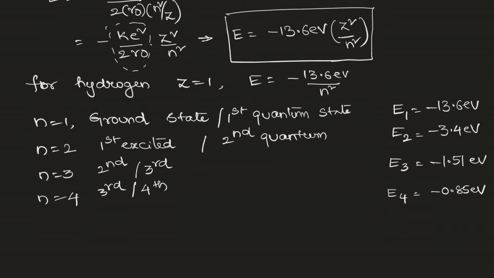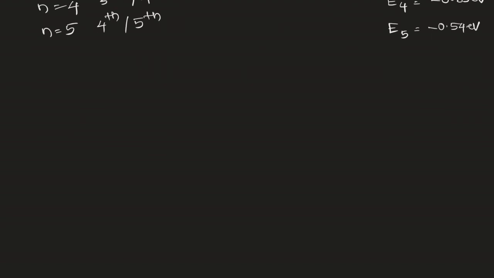And if N is equal to 5, it is the fourth excited state or fifth quantum state, and its value will be minus 0.54 electron volts. So at least we have to remember these 5 level values for numerical purposes or for quick solving of questions. These 5 state energies will be helpful. That is about parameters, and I'll close this video with one simple example.